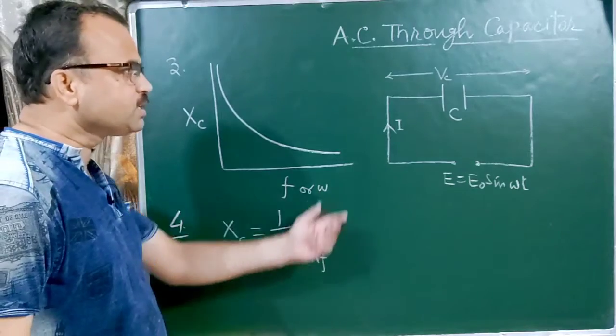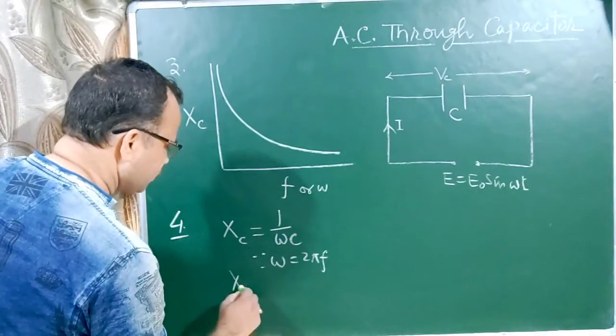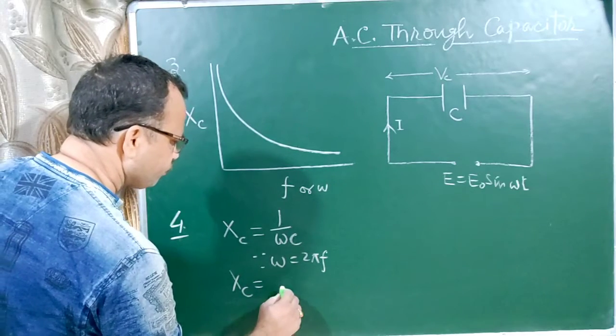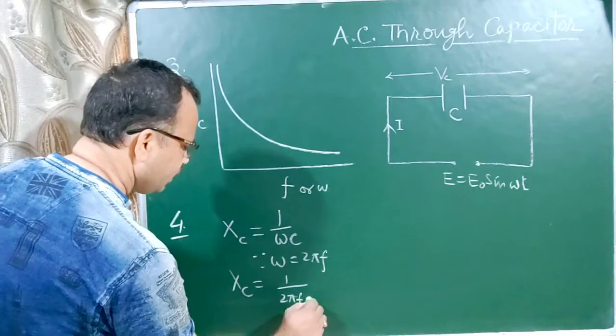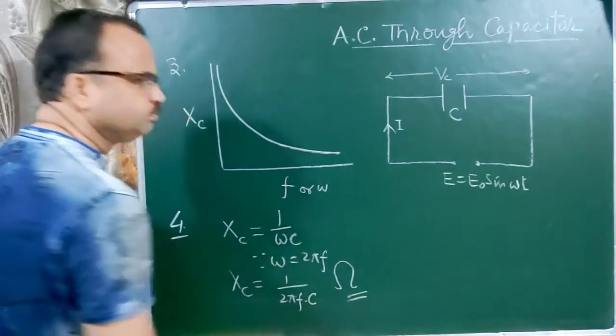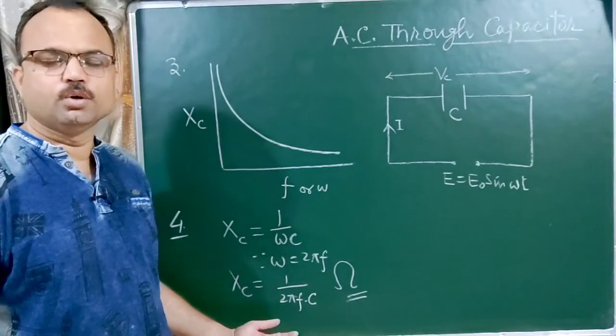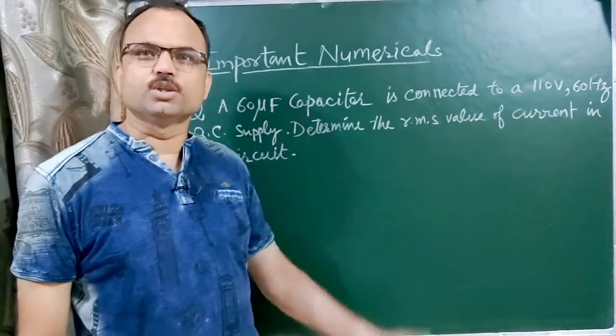The frequency of AC in India is 50 Hz. So the reactance of the capacitor will be 1 upon 2 pi f into C, and its unit will be ohm. Now let us discuss a few numerical problems related to AC through a capacitor.